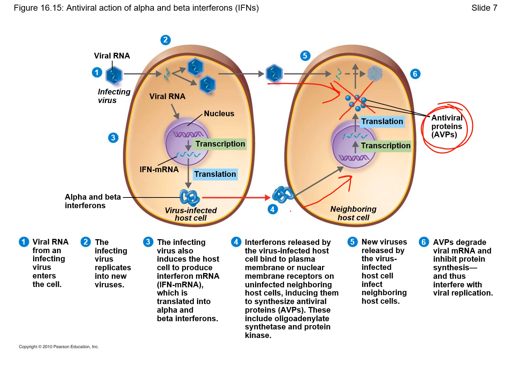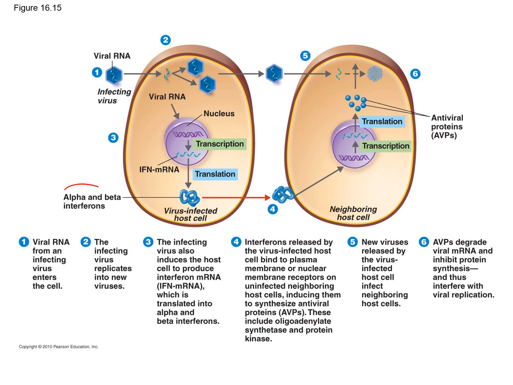So antiviral proteins are going to stop the infection. So interferons are signal molecules that are produced by a virus-infected host cell to send the signal to the neighboring cell so that the neighboring cell can produce antiviral proteins.